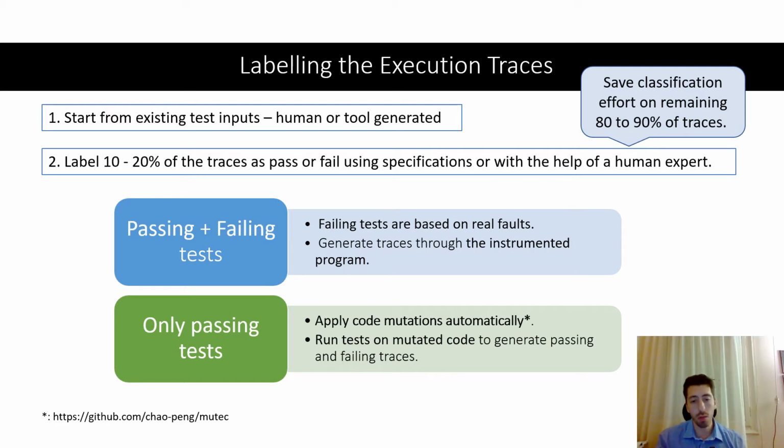But as we all know, in most source code bases, there are only passing tests. And because we use supervised learning, we have to give the model representations of both classes.